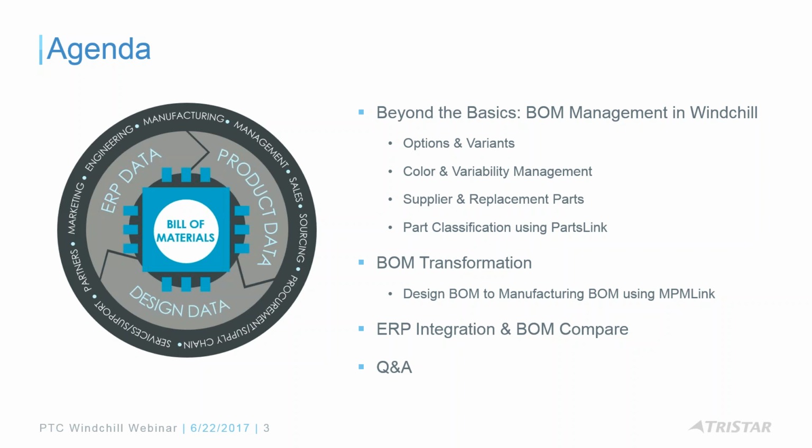We're going to look at how Windchill can be used to transform a BOM from a design state to maybe a manufacturing state, which for some of our customers is maybe 80% similar, but that other 20% or more is not what ends up in the ERP system or in manufacturing. So in the planning phase, how can we keep the two synchronized without doing a lot of rework over and over again if there are changes?